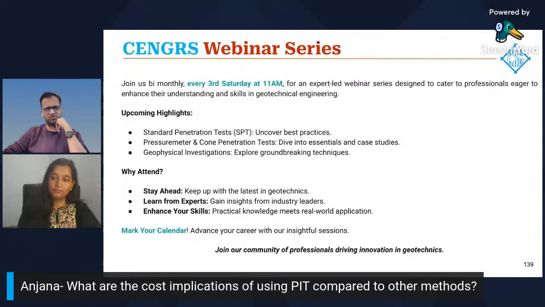So PIT is the cheapest, fastest, no-brainer. It is the cheapest possible thing you can do. Typically, a pile integrity test would cost only a couple of thousand rupees per pile. I love it because if it's cheap, quick and easy, then you can very quickly test all your piles at site while the piling is going on.